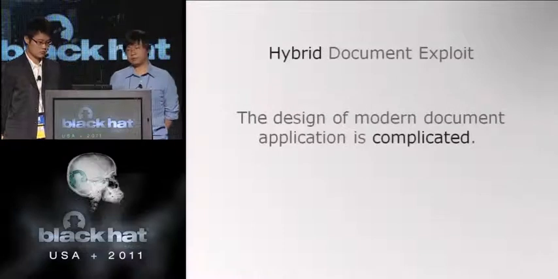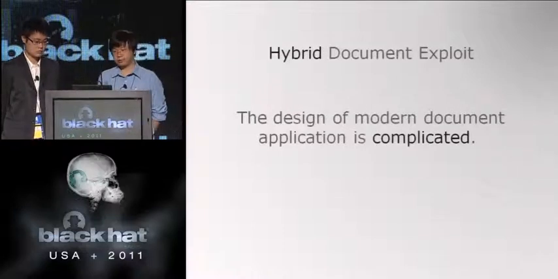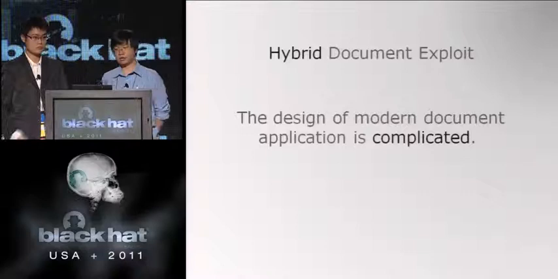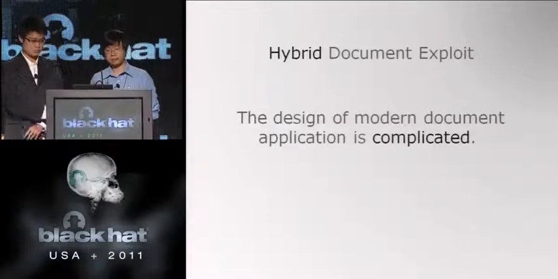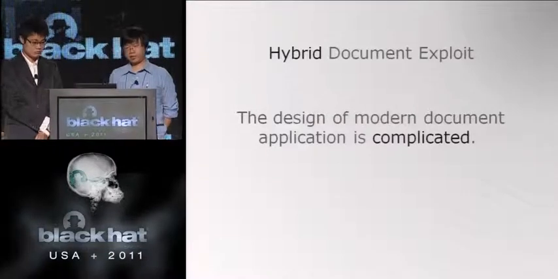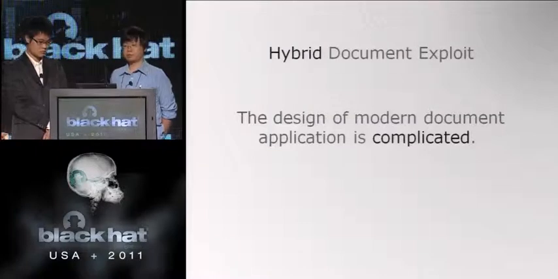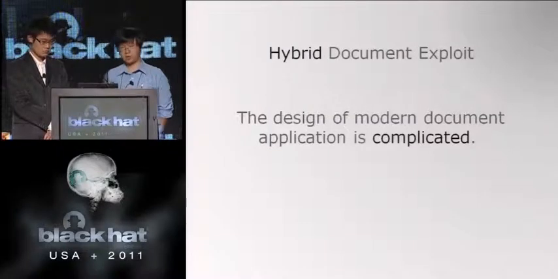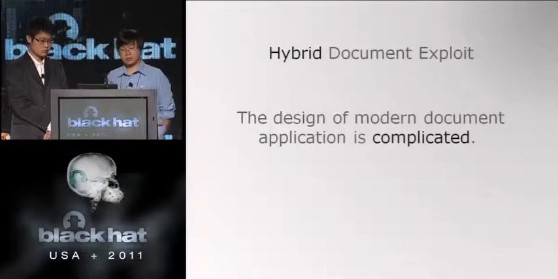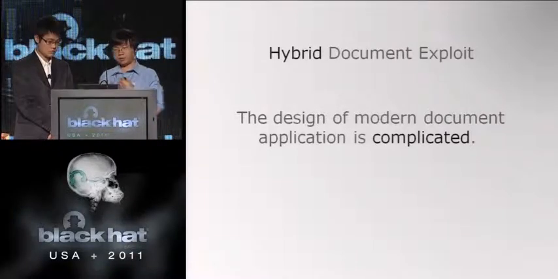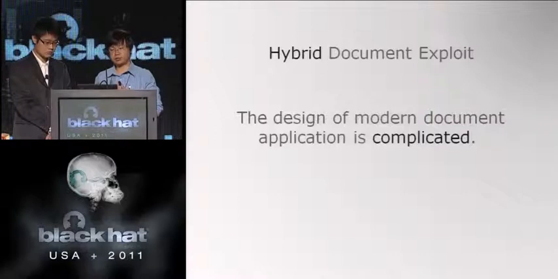The design of modern document applications is very complicated. Most of them could embed document objects of other applications. The document might embed an object of another application, and that application could be vulnerable.